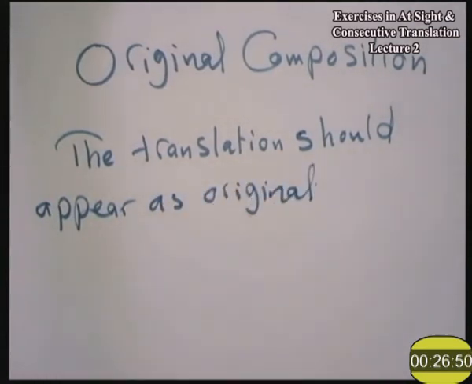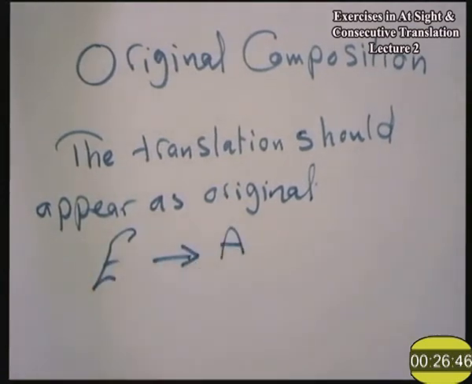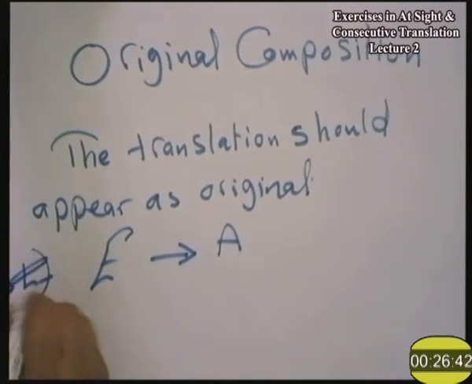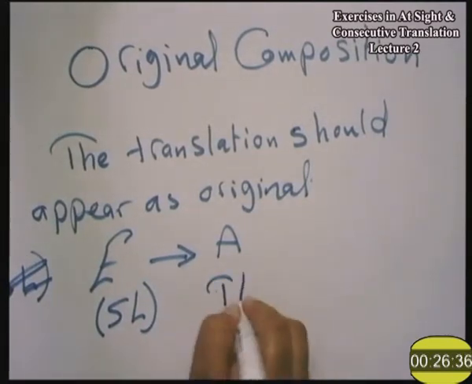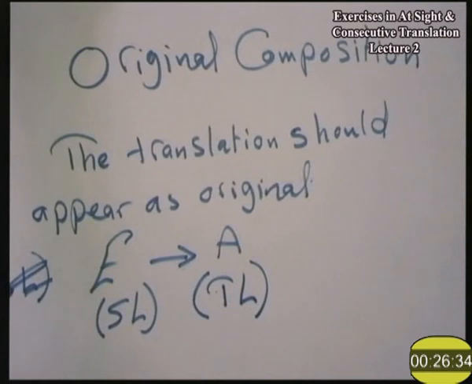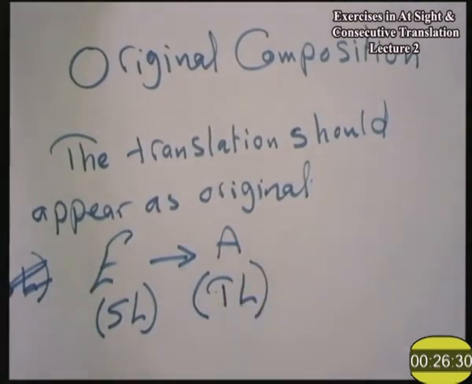For instance, if I'm translating from English into Arabic, we call this, of course, the SL. If our source language is English and our TL is Arabic, the product of the TL should appear as if it's originally written in Arabic and it's not a translation. Now let's go back to the sentences of access.